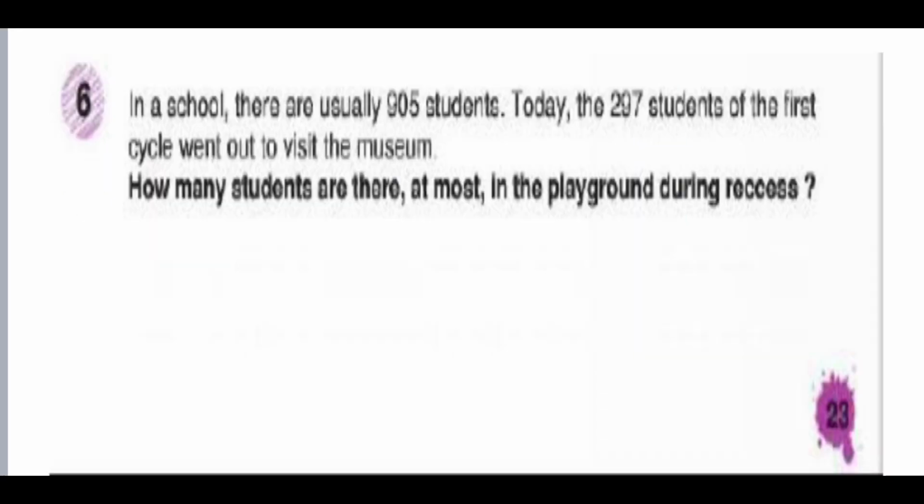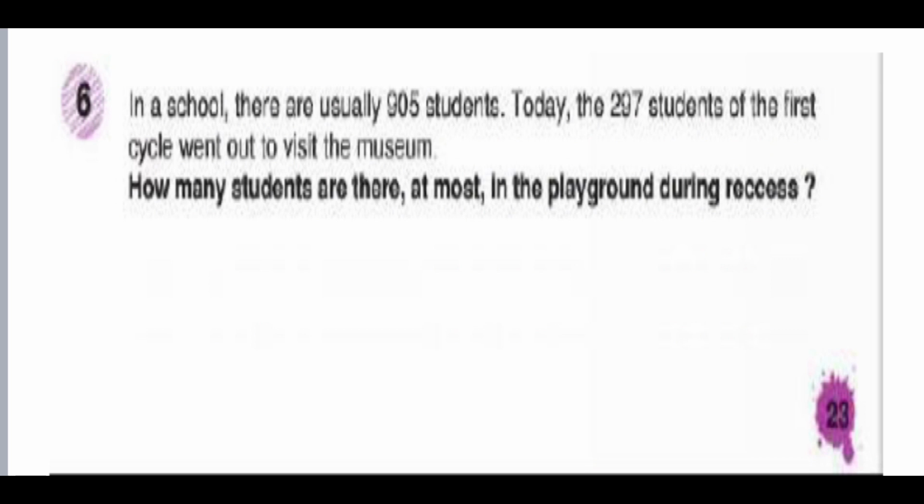Problem number 7. In a school there are usually 905 students. Today, 297 students of the first cycle went out to visit the museum. How many students are there at most in the playground during recess? So we have 905 students in the whole school, but 297 of them, the students of cycle 1, went to the museum.